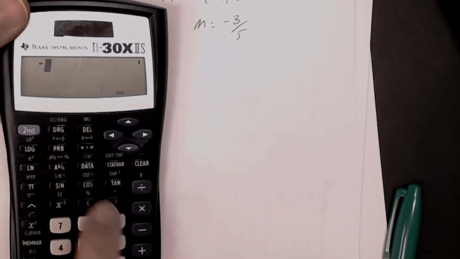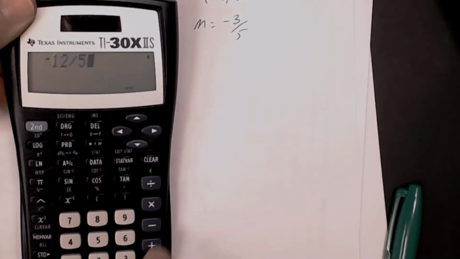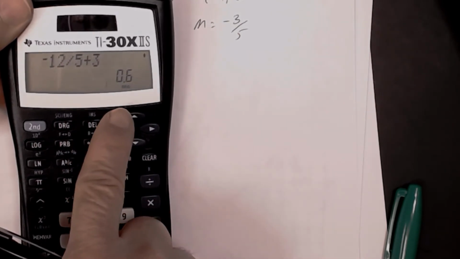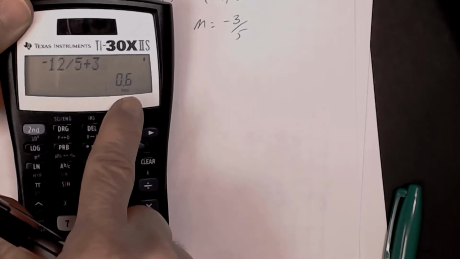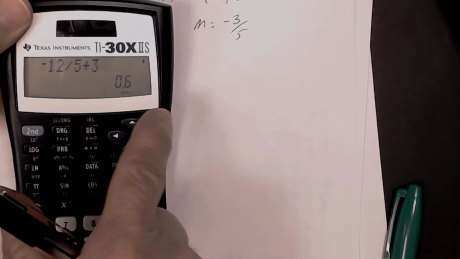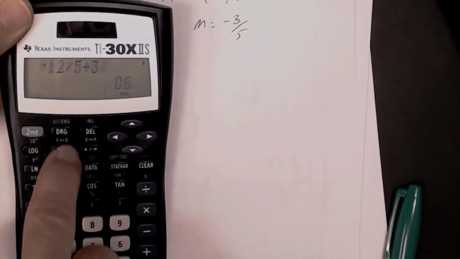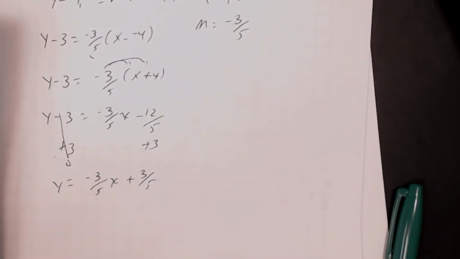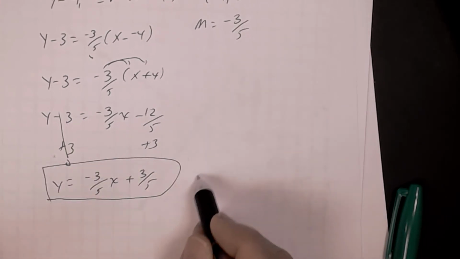Then plus 3, press equal, and you get 0.6. Almost all of you should know that's 6/10, which reduced is 3/5. But if you didn't know that, press the fraction conversion key, press equal, and you get 3/5. So that's the equation of that line, there's your answer in slope-intercept form.